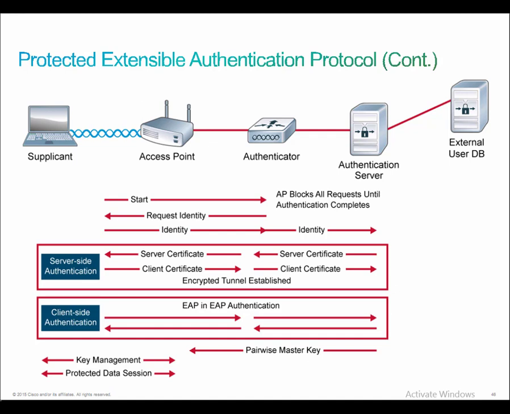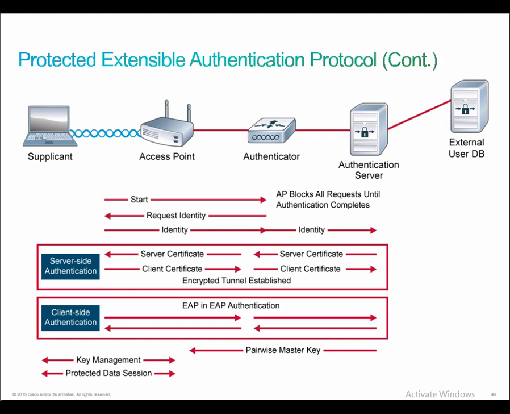At this point, just like all the other EAP methods, both the server and the client have proven their identities, and they have a way of exchanging encrypted messages. The authentication server and the client at this point have exchanged all their values.